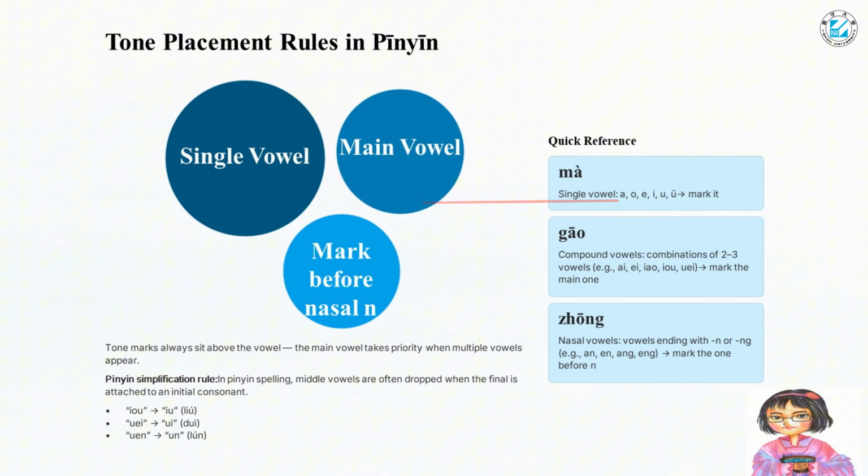Remember, try to find the vowel. A-E-I-O-U is a vowel of English, also is a vowel of Chinese. And we have U sound, and then we have E sound. That's it. So you find the vowels, you mark the tone on top. However, if there are two vowels, you need to mark on the main one, okay?